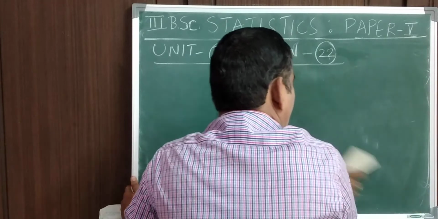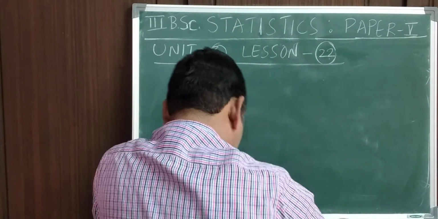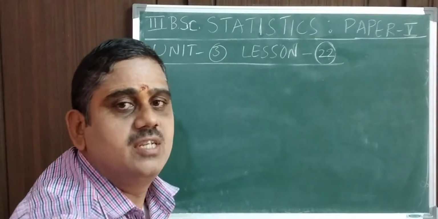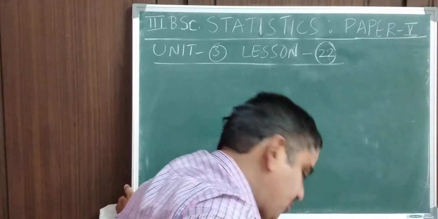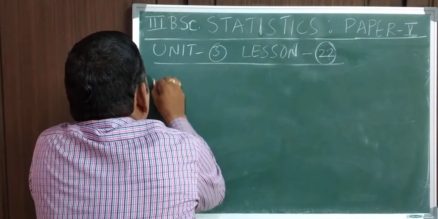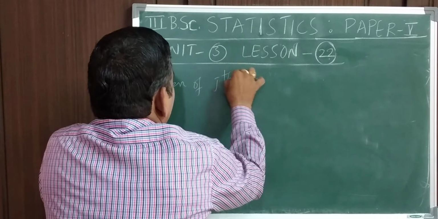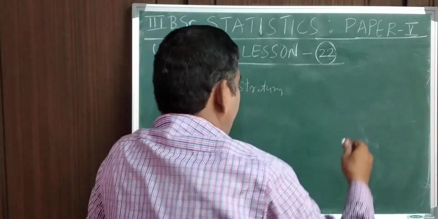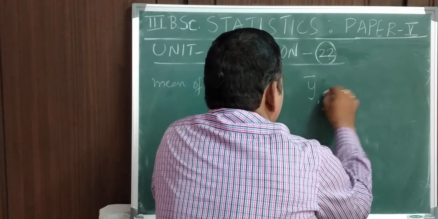Right? Now I consider the terminology. I explain one by one. That is the relation which expresses the stratified random sampling in terms of the systematic sampling. So the mean of the jth stratum is denoted by y bar dot j.